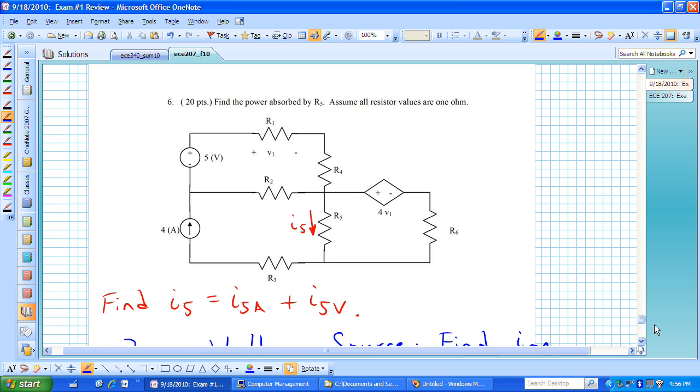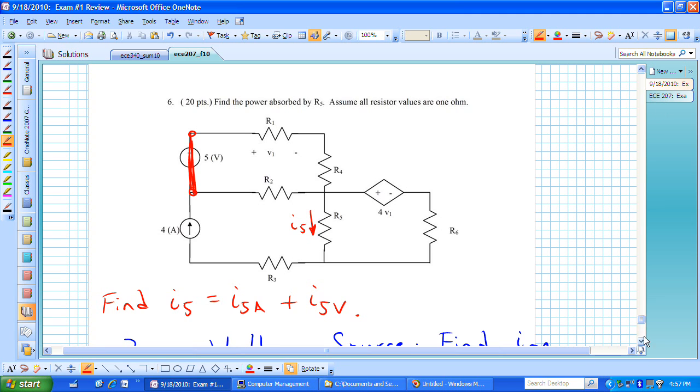Now we have to remind ourselves what it means to zero out a voltage source. In this case, if we want 0 volts across the two terminals associated with that voltage source, what that means is we now want to put a wire or zero that particular source.